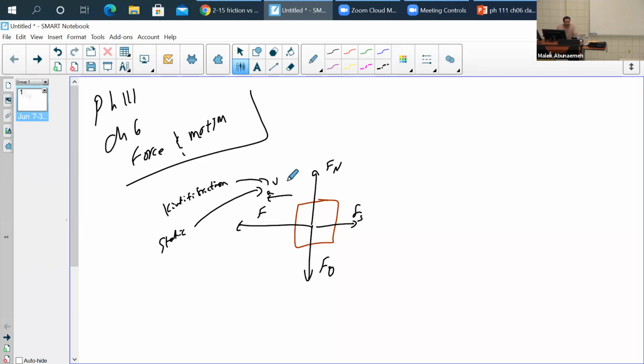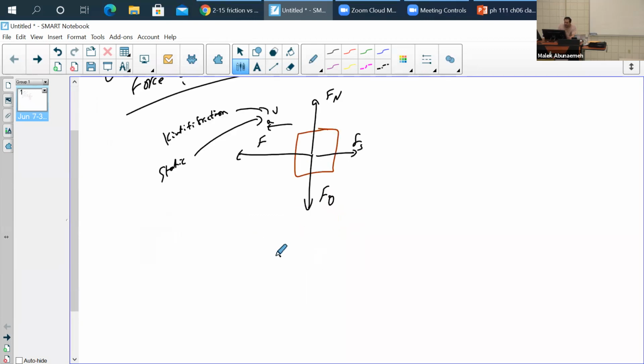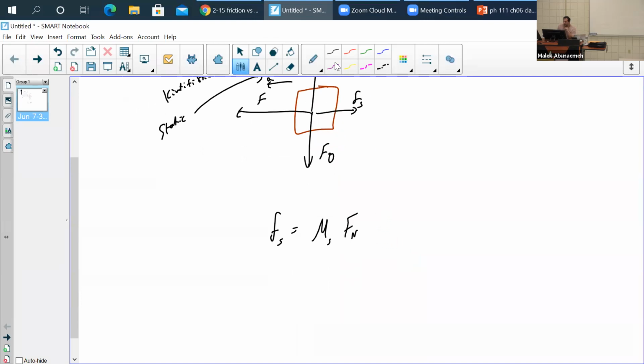Now, the frictional force is going to equal mu sub S times F sub N. Let me just say force, so I won't confuse you. Let me go ahead and label these. Frictional force.